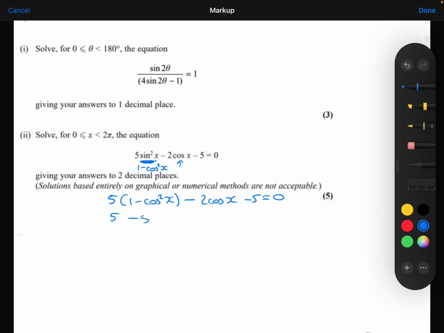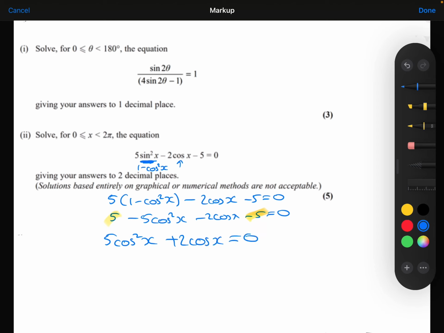Expand the brackets. And write this in our usual quadratic form. In fact, actually, before I do that, just noticing those 2 5s cancel out. So we will get 5 cos squared x plus 2 cos x equals 0.